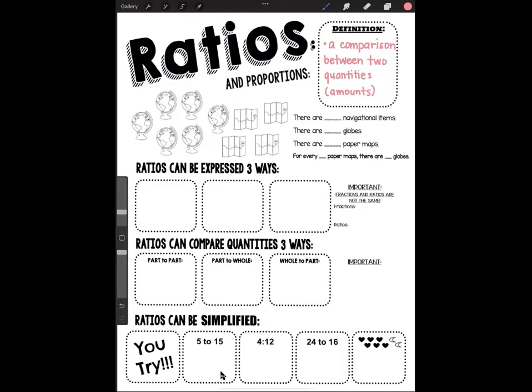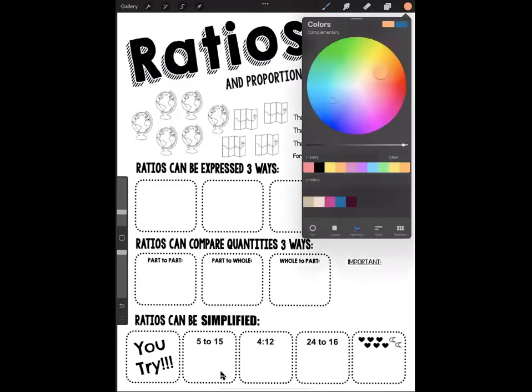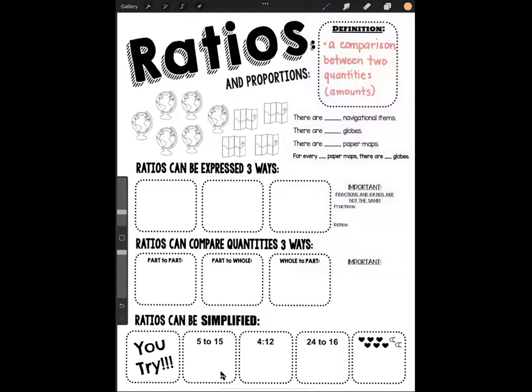So here we have a picture that is an example of a ratio where we're comparing these globes to these maps. And both of those things are what we would call navigational items because they help you navigate. And so if you were to count all of them, there's a total of 10 navigational items.